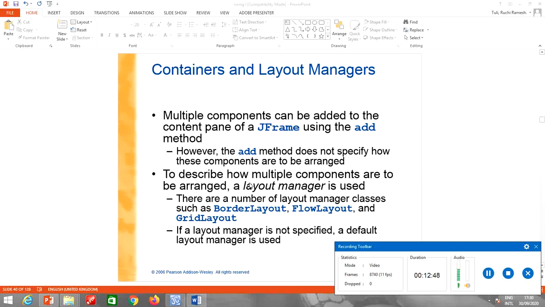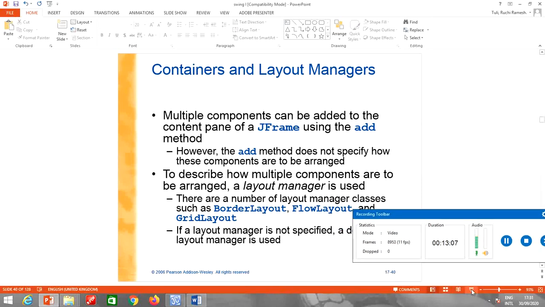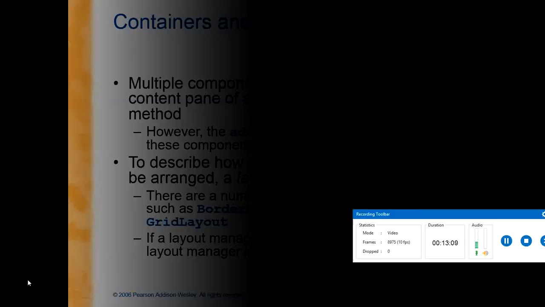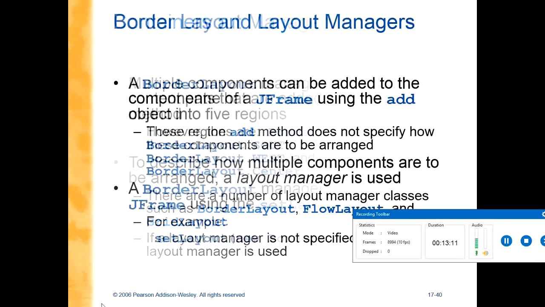We have to use a layout manager. Layout manager is something like your planning manager. For example, when you have a wall and you want to hang paintings on the wall, you will plan a layout that my first painting should come here. For example, let's assume that.